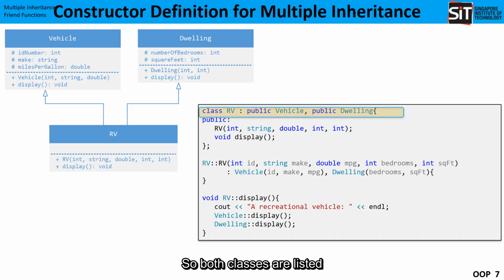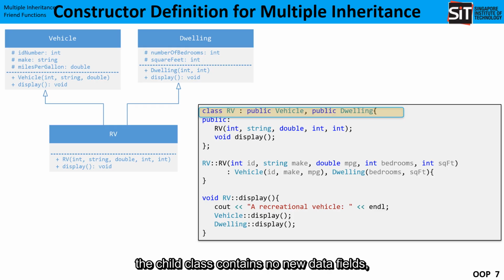Both classes are listed after the colon in the class header, separated by a comma. The class access specifier for each is public. You also could choose private or protected. The RV class includes all the data members of each of its parent classes.